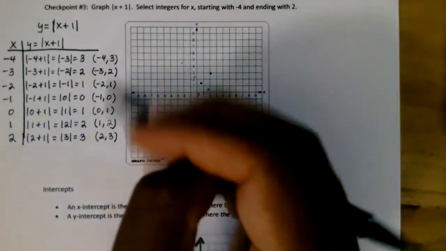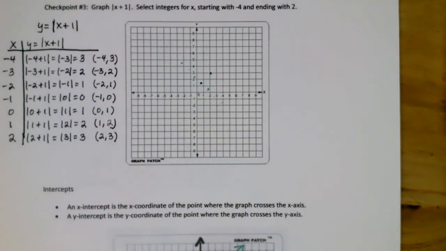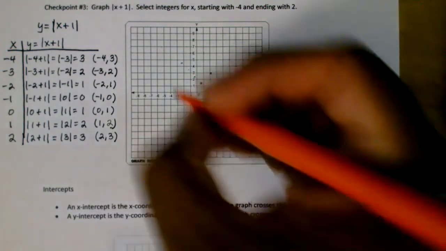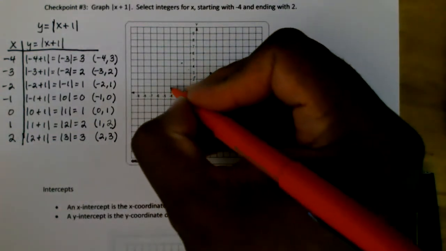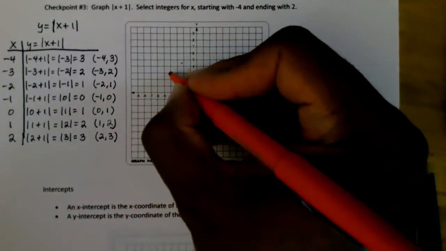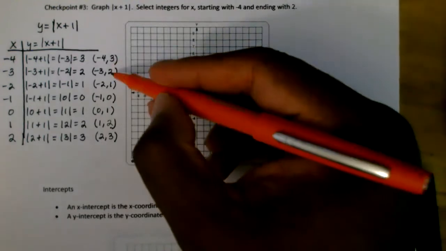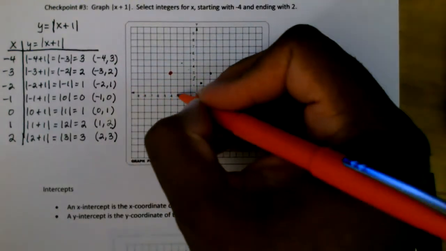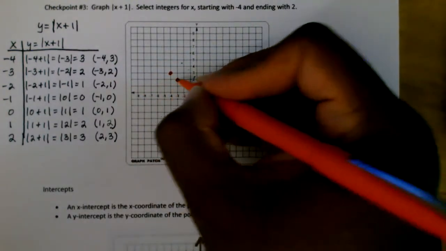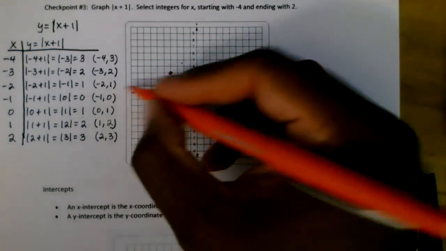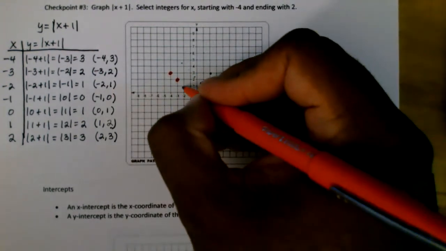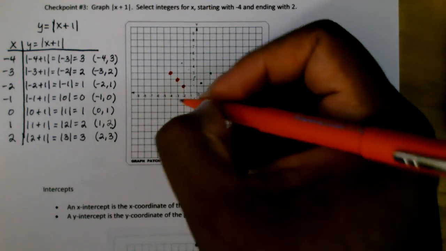Now here we're going to plot these on the coordinate plane. So in this case, -4, 3 will be to the left 4 and up 3. Draw that point. -3, 2 will be to the left 3 and up 2. -2, 1 will be to the left 2 and up 1.